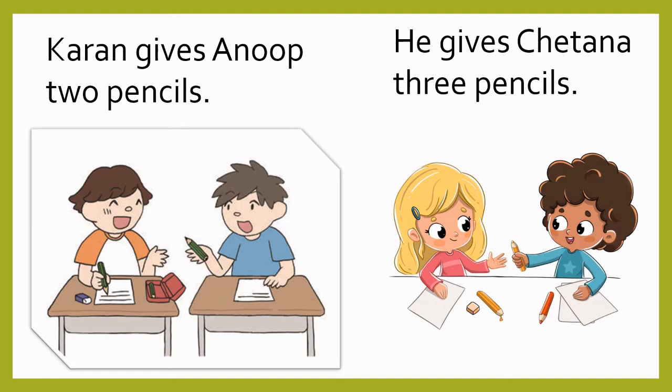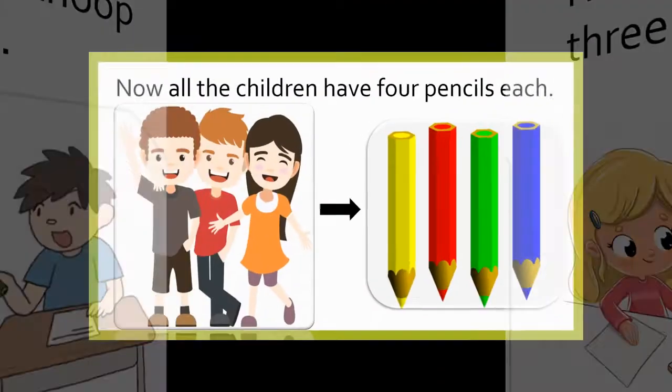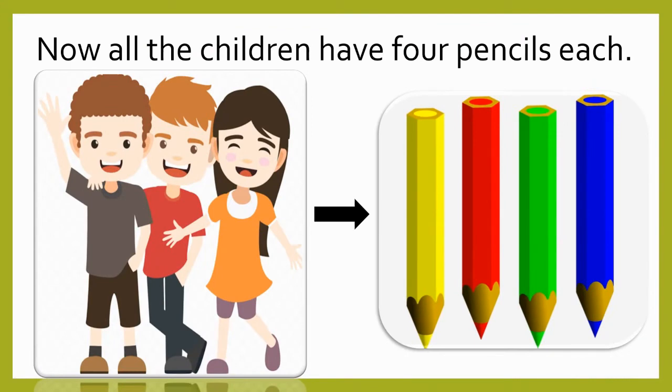He gives Chetana 3 pencils. Now all the children have 4 pencils each. As Karan shared his pencils with Anoop and Chetana, all children have 4 pencils now. With this, we come to an end of our story.